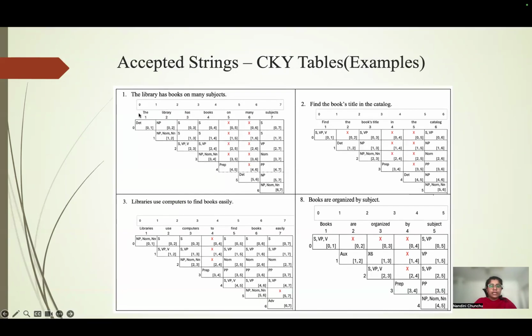This is the sentence, and these are the number of words of the sentence, and these are the positions of the words. Like 0 to 1 is the, 1 to 2 is library, 2 to 3 is has, 3 to 4 is books, and so on. And here we will have 7 rows. So let's build the CKY table first.